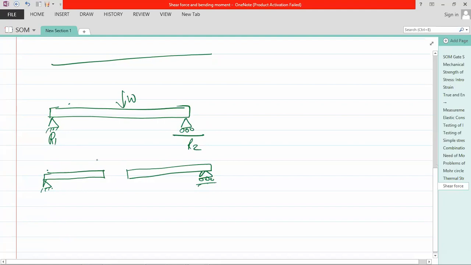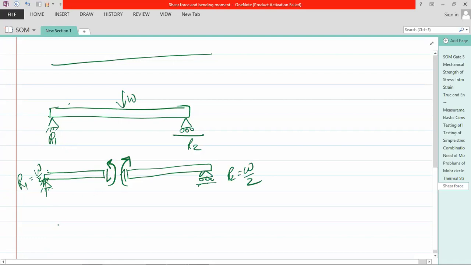Now you know that this reaction force R1 is W by 2, and this is also W by 2. Now what is the reaction force here? Because I divided it in two parts, there are some internal forces that should be in between. So suppose this is a shear force and this is a moment, and here this is a shear force and this is a moment.